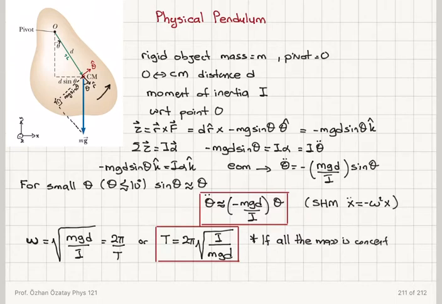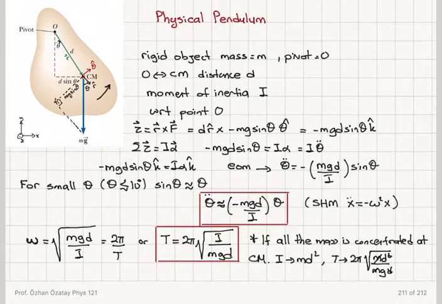Now I want to check what happens if all the mass is concentrated at CM, the center of mass location. Then what would be the moment of inertia with respect to this pivot point O? Then I would become m d squared, right?